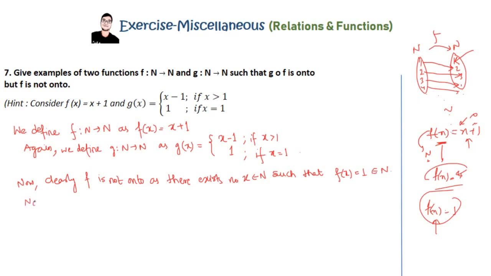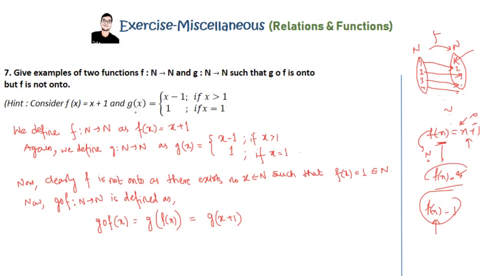Now let us see how g of f turns out to be. g of f from N to N is defined as follows. g of f(x) is g of f of x, and g of f of x is going to be g of x plus 1.